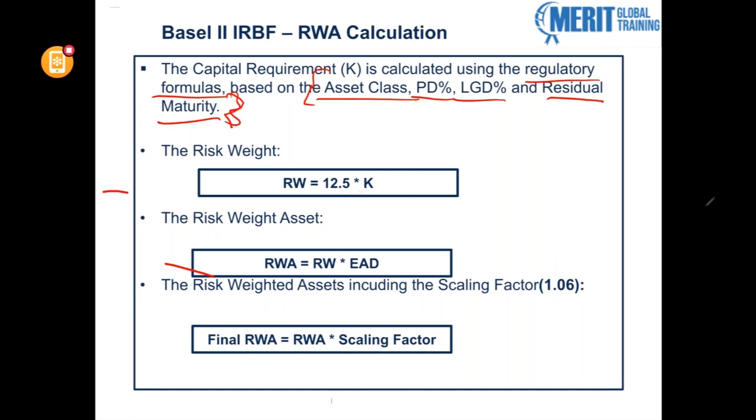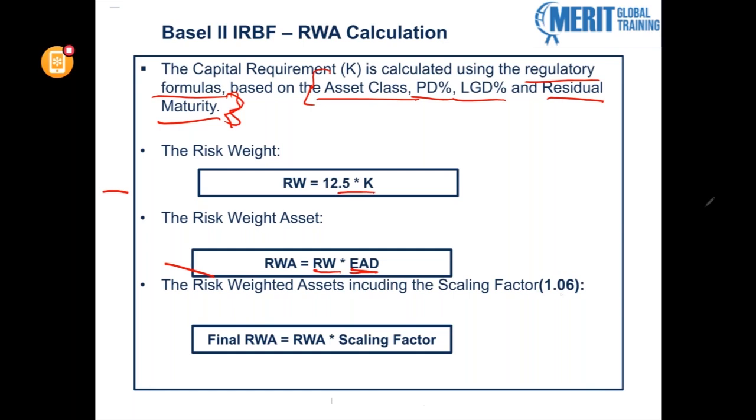So the risk weight equals 12.5 multiplied by K. We've discussed that. Then our RWA equals risk weight multiplied by EAD. We already know how we derive EAD, or exposure value, based on the product types that we have: the term loan, the letter of credit, the bond, and also the revolving assets.